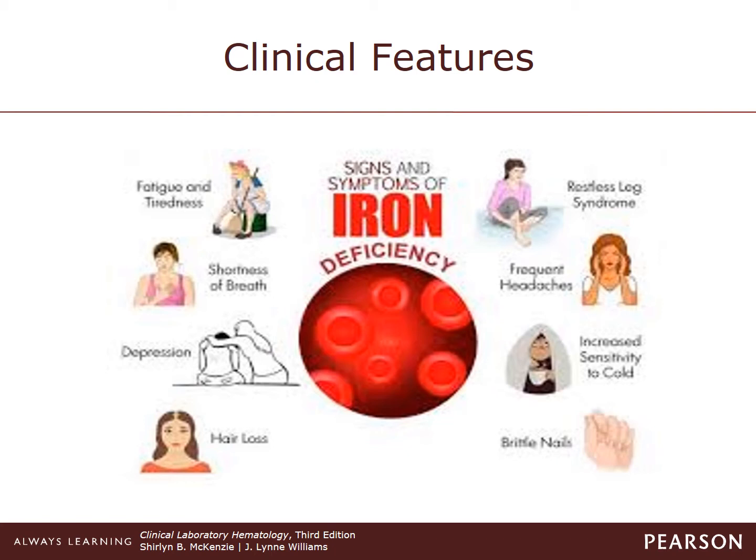If there is blood loss, this may occur more rapidly, but there are a variety of abnormalities that appear. So you may see concavity of nails, glossitis, which is a beefy tongue, pharyngeal webs, muscle dysfunction, inability to regulate body temperature, stomach upset, or another clinical feature called pica syndrome.